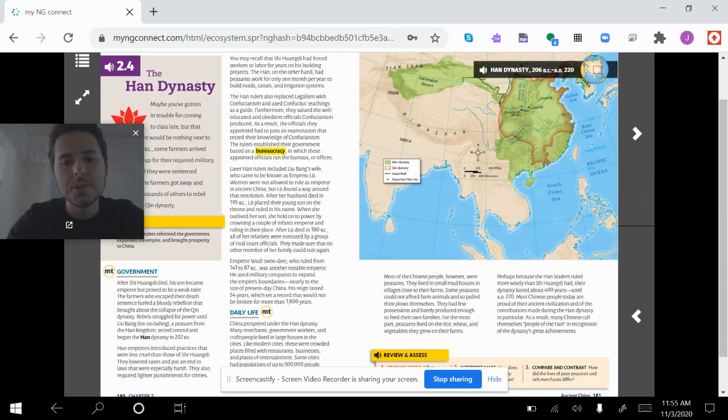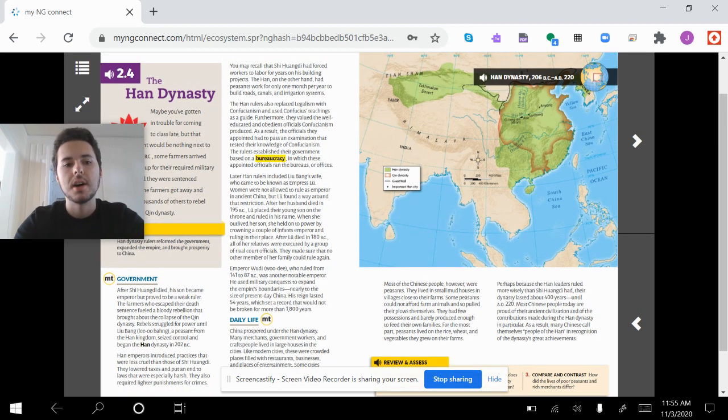Okay, so next we come to the Han Dynasty, which I talked about in our notes earlier today. The Han Dynasty comes to power in 202 BC, and remember these dynasties can last for hundreds and hundreds of years.